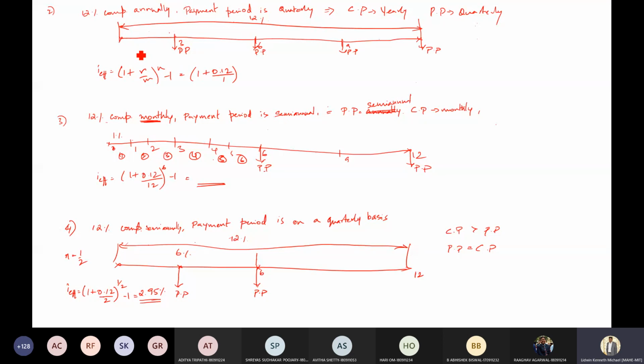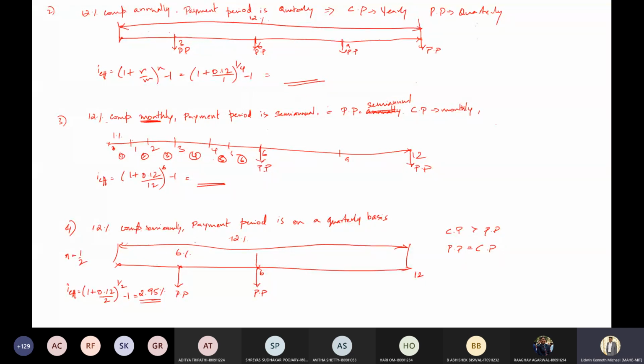What will be the value of n now? 1 by 4, exactly. 0.25 or 1 by 4, minus 1. You have the answer with you.